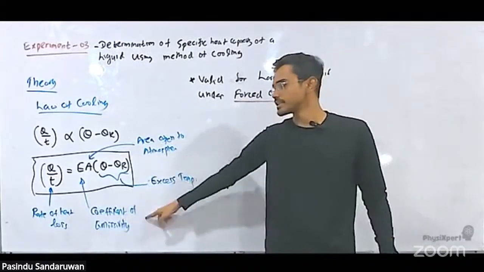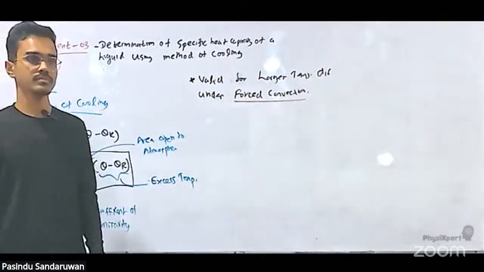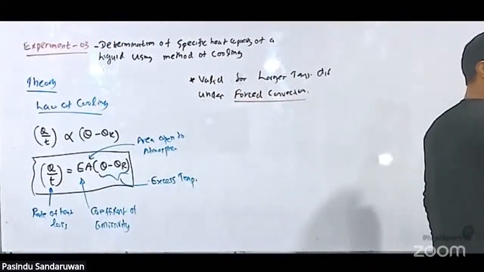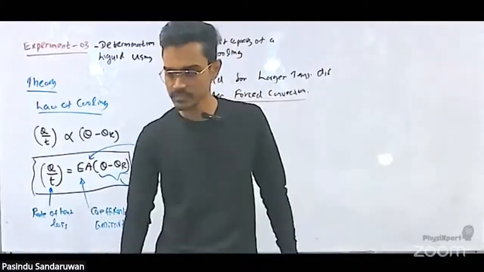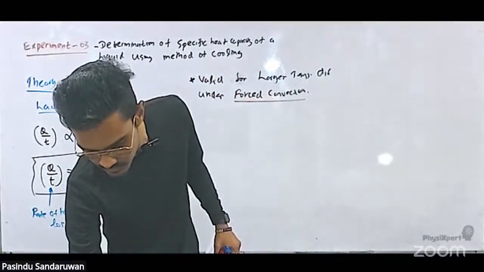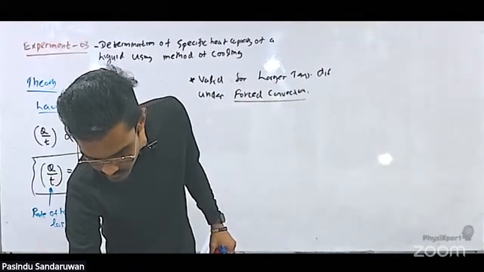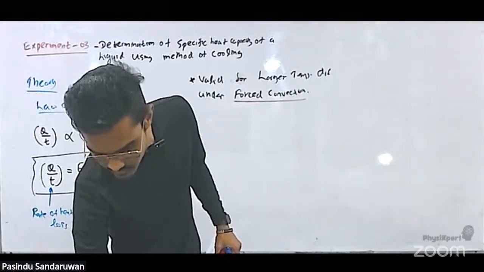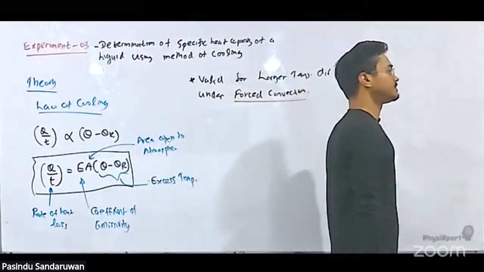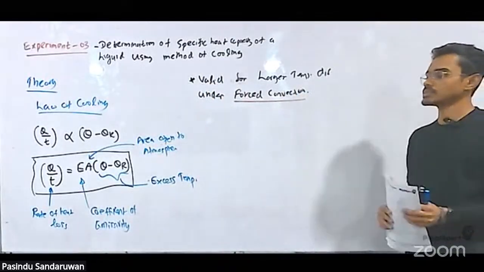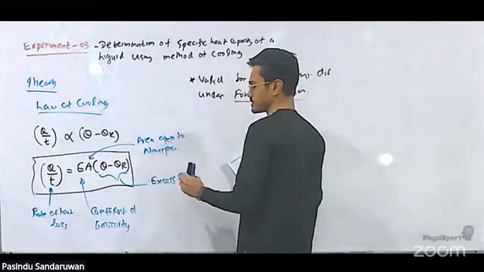Then write down the equation and introduce the terms: rate of heat loss, coefficient of emissivity, area open to atmosphere, excess temperature.